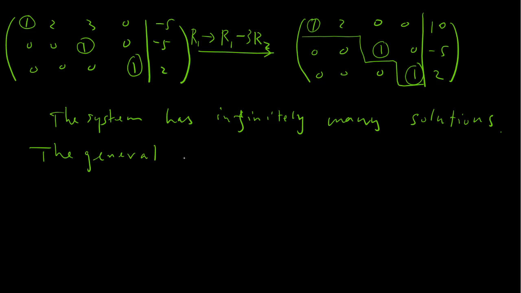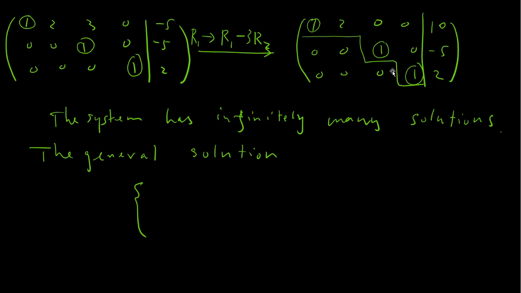Now we're talking about the general solution to the given system. It represents many solutions. Okay. I want to repeat. Each row determines an equation. Each column determines a variable.